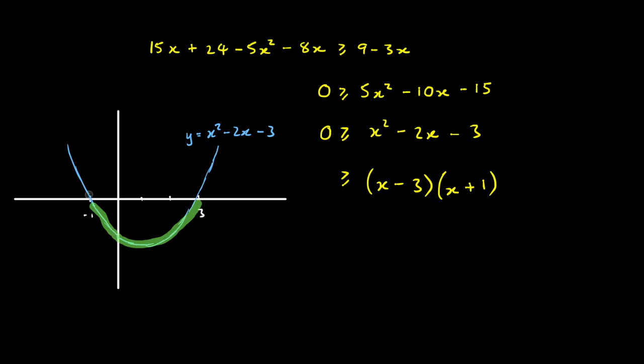Well, the x values are going to be everything from negative 1 all the way up to positive 3. So the solution is that x must be greater than or equal to negative 1 and less than or equal to positive 3. So can I encourage you, if you're solving these inequalities, use a sketch because it will help you to actually understand how to get the right solution.